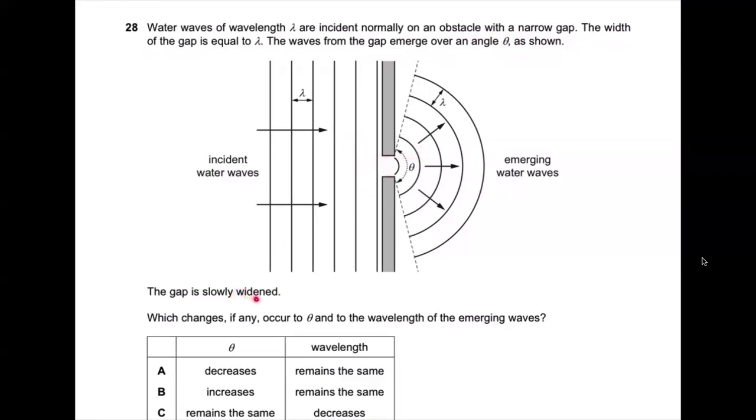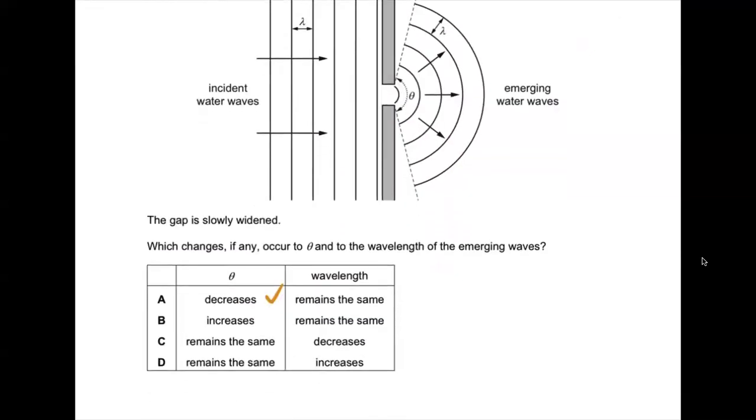It then says that the gap is widened, right? So if the gap is widened, what is going to happen to theta? So theta is basically measuring how much diffraction happens, and the wavelength. So if the gap is widened, now it's not equal anymore. So theta, which is the amount of bending really, is going to decrease, right?